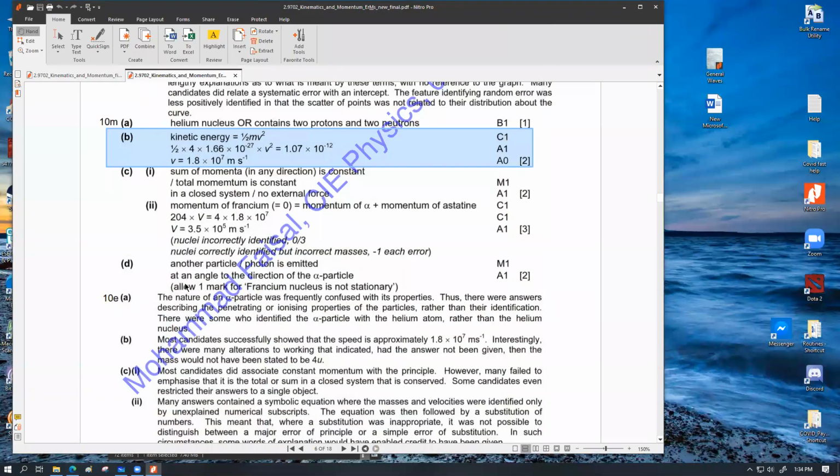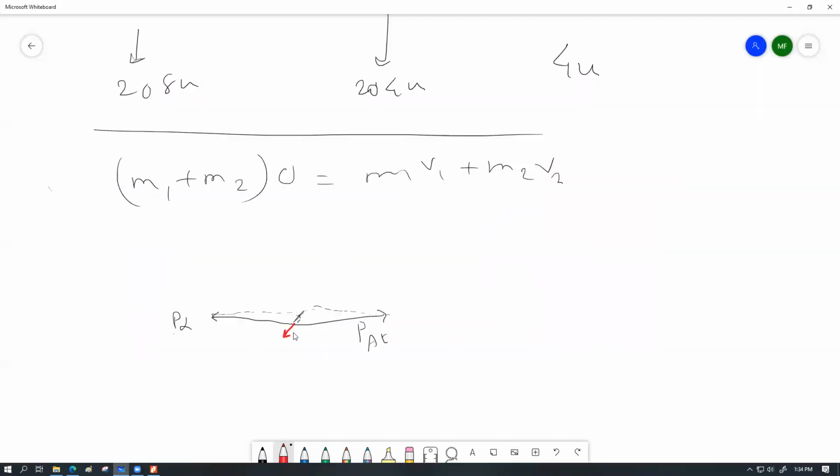D number. And the particle slash photon is emitted at an angle to the direction of the alpha particle. This means one thing. This second point is important because this third particle that we are trying to determine cannot exist in the same direction as the alpha particle, because then you cannot get a resultant momentum sum of zero.